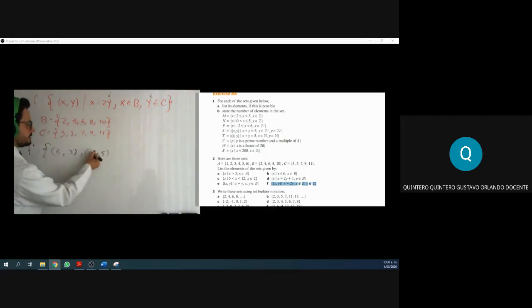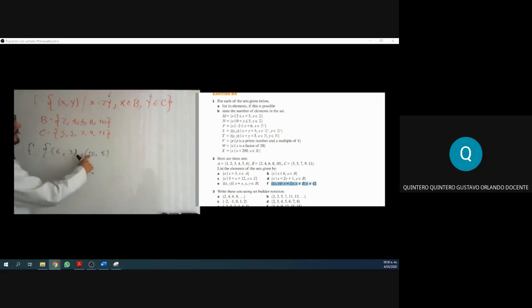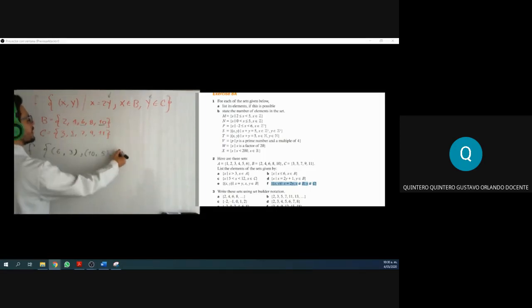But there is one catch. Does 10 work for the second characteristic? Is 10 an element of the set B? And yes, it is. Look at that. It is there. So we have our second element. Let's think of a third.